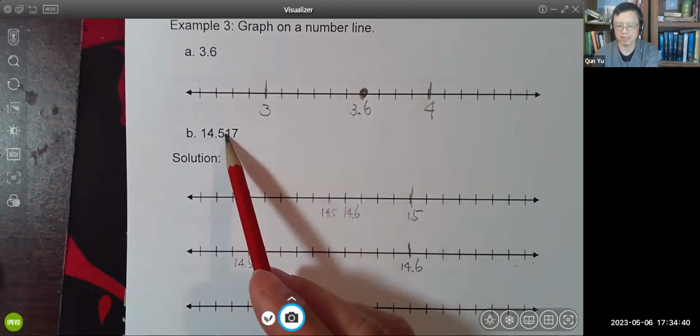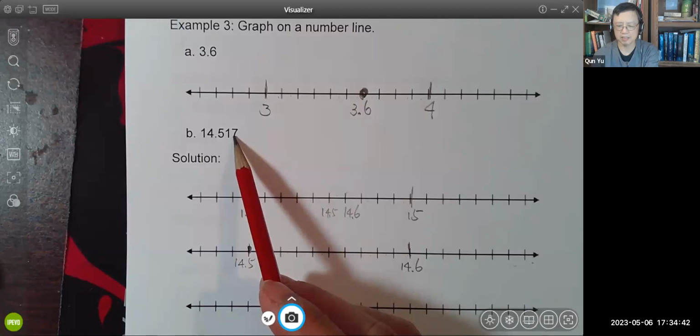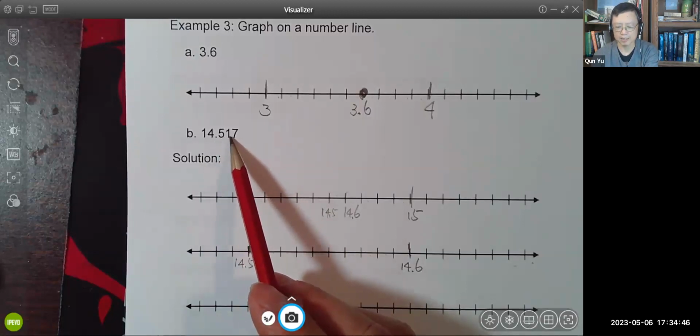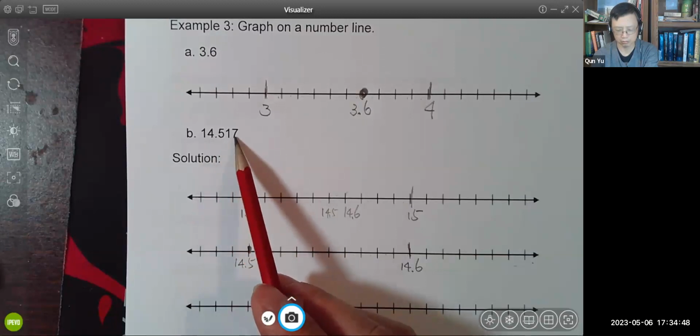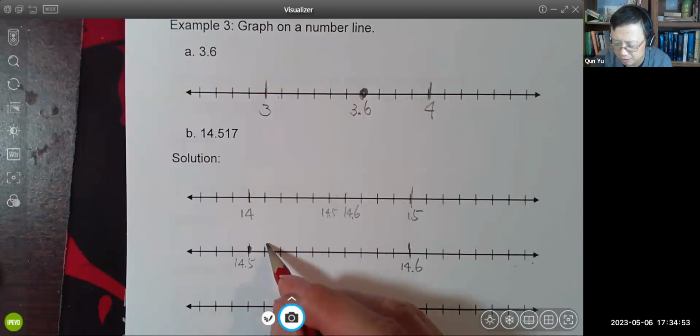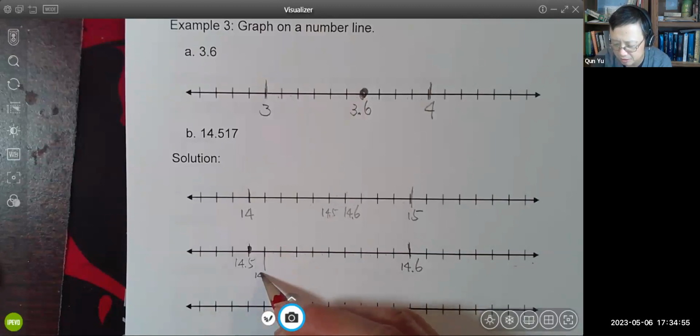If you look at that, this one is actually between 14.51 and 14.52, right? So this is 14.51 here. And this is 14.52.